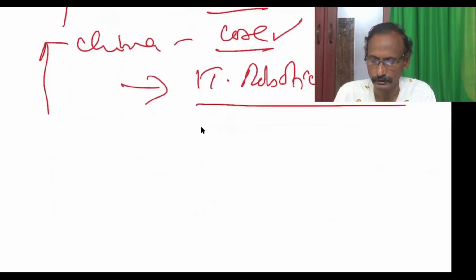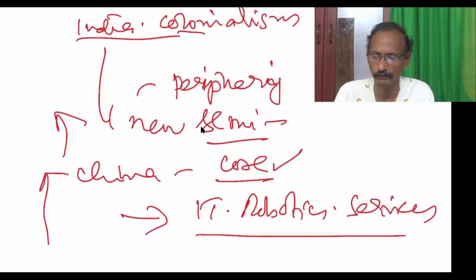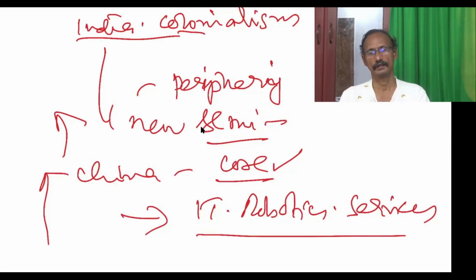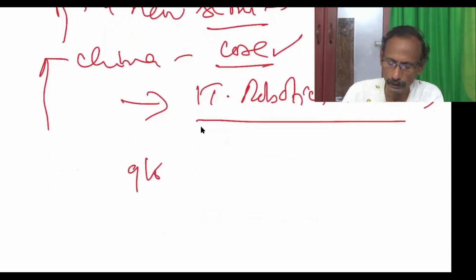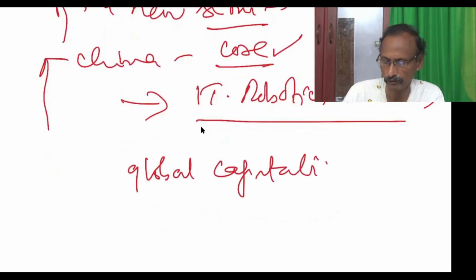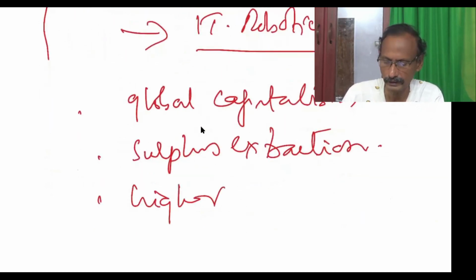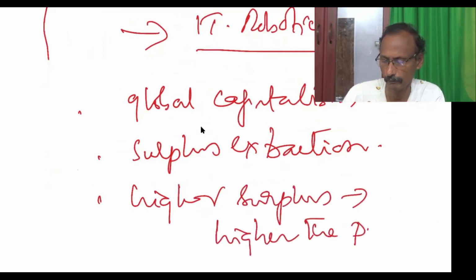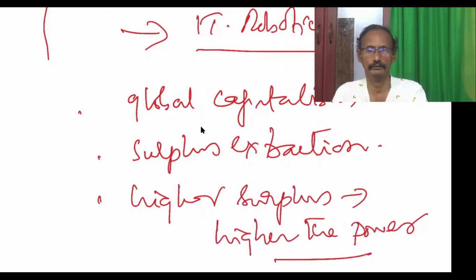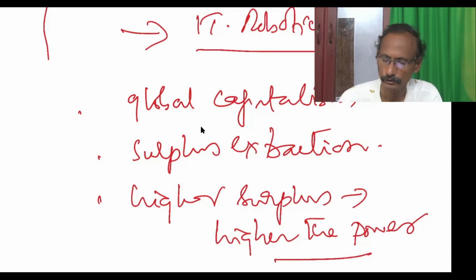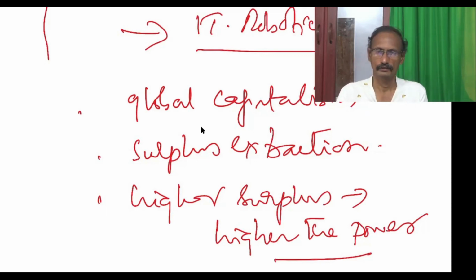Okay, so this is how Wallerstein applied Marxist theory to understand economic process across the countries. So to him, this is how global capitalism is working. To him, all this is nothing but surplus extraction. And higher the surplus, definitely higher the power. Okay. So this is how Wallerstein looked at economic system.